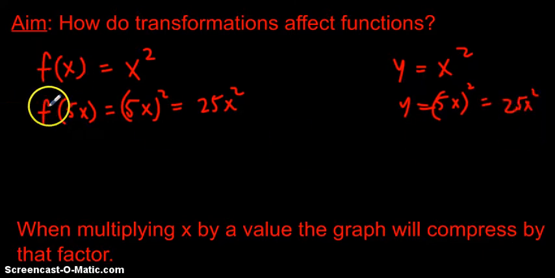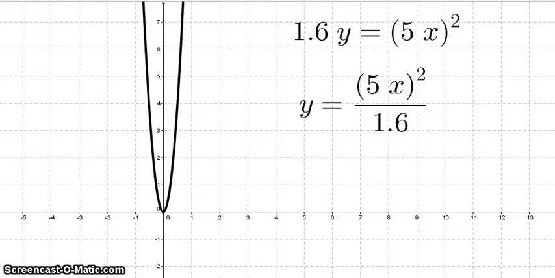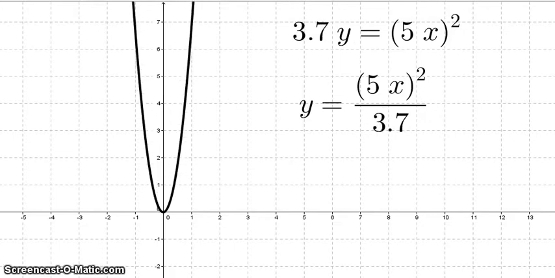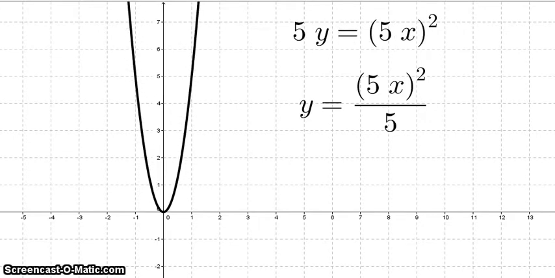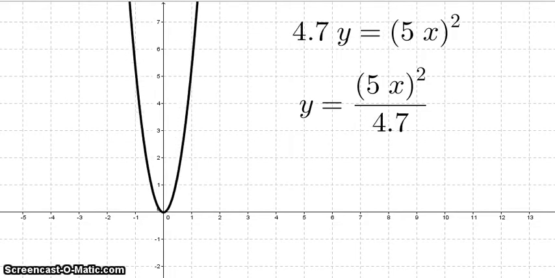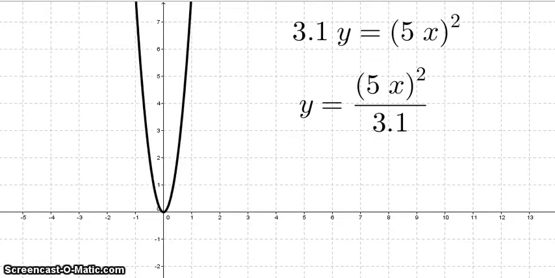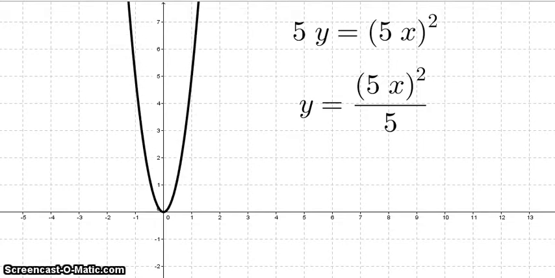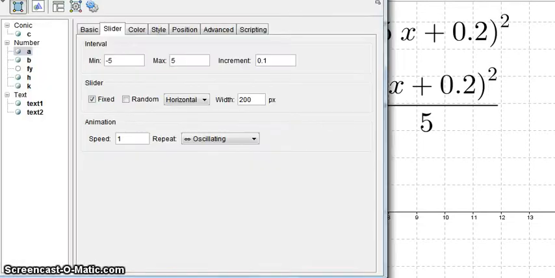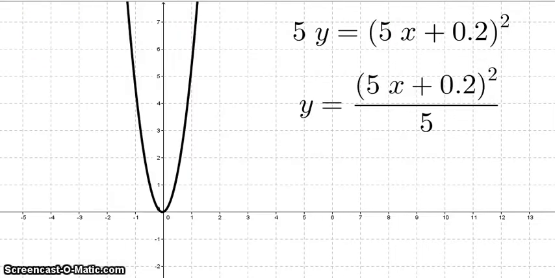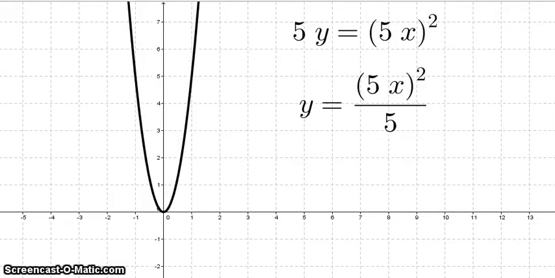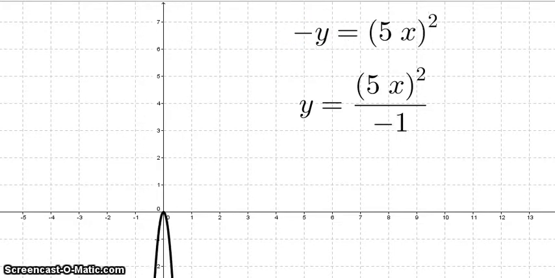Let's look at what happens when we multiply y by that amount. So if we multiply y, you'll notice the graph actually stretches and compresses.